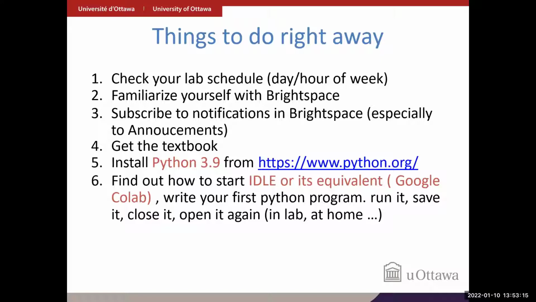We can have Google Colab, Jupyter notebooks, or IDLE. IDLE is the easiest IDE, which stands for interactive development environment, and you will understand how to use it during the first lab.